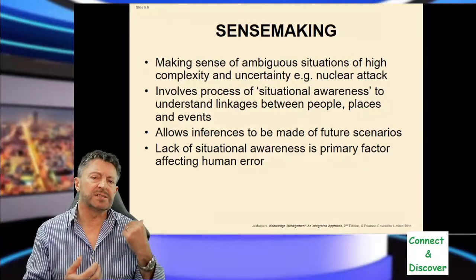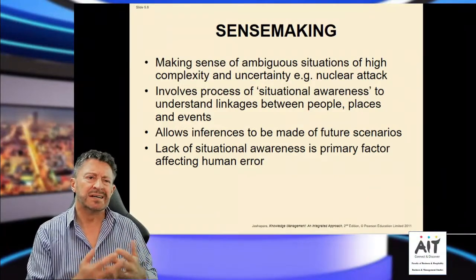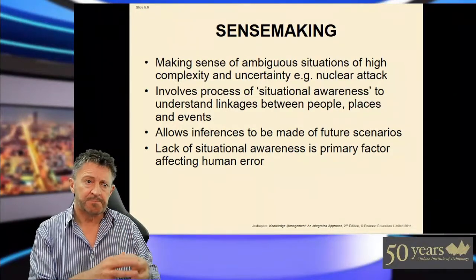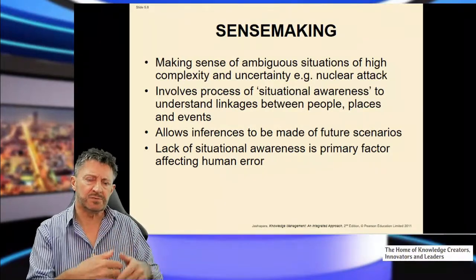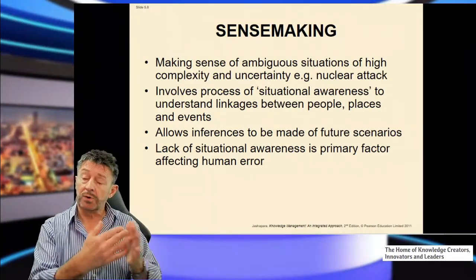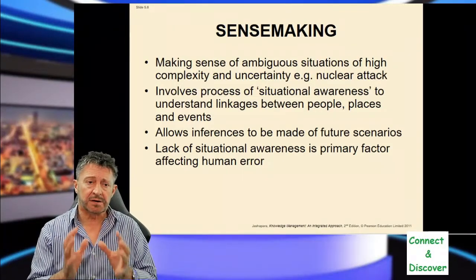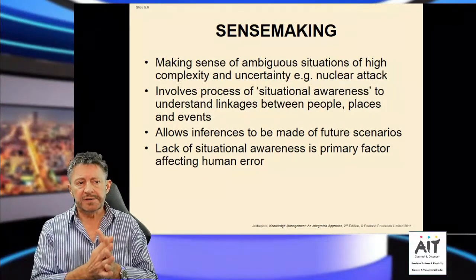So I've experienced that before. I came across this before, and I understand what's happening here. However, maybe we have lesser experienced people, maybe we have more experienced people, therefore we can move at a different pace. We can move probably a lot quicker, or we might have to slow down. So we're aware of the situation and the dynamics of that particular situation and event, and it allows for inferences.